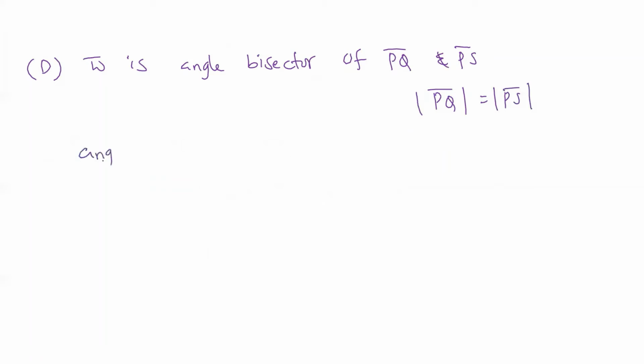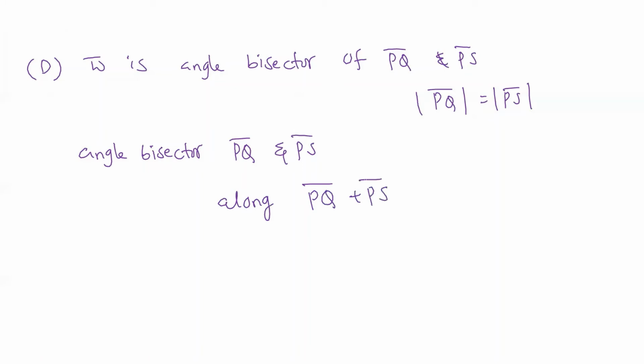So the angle bisector of PQ bar and PS bar is actually going to be along PQ bar plus PS bar, because their magnitudes are equal. So that means this is going to be along 4 i cap. But they have given w bar equal to i cap plus j cap, and obviously w bar is not going to be the angle bisector because this is not along 4 i cap. So option D is going to be the wrong answer for this question.